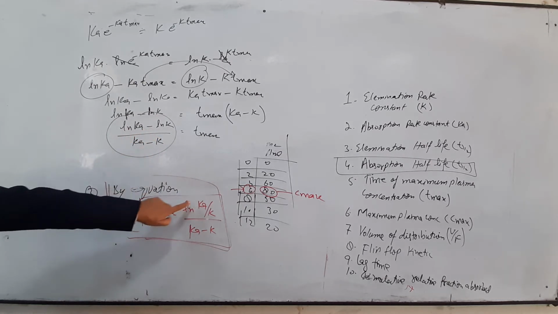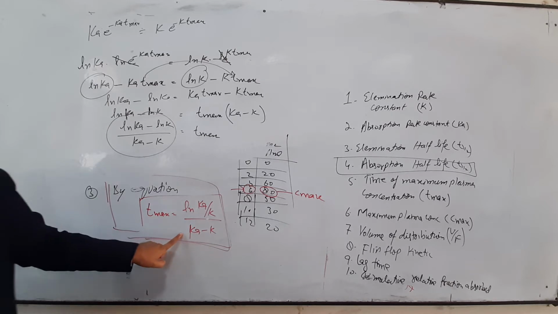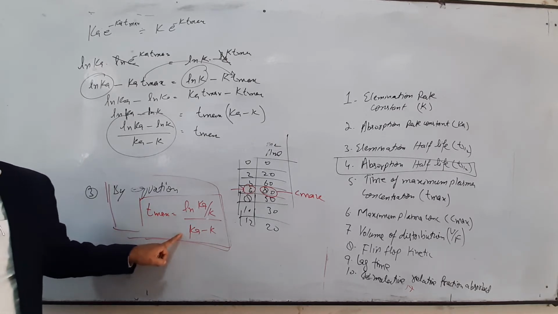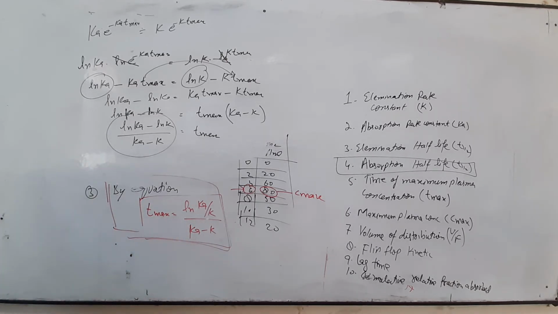So Tmax is ln Ka divided by K, divided by Ka minus K.